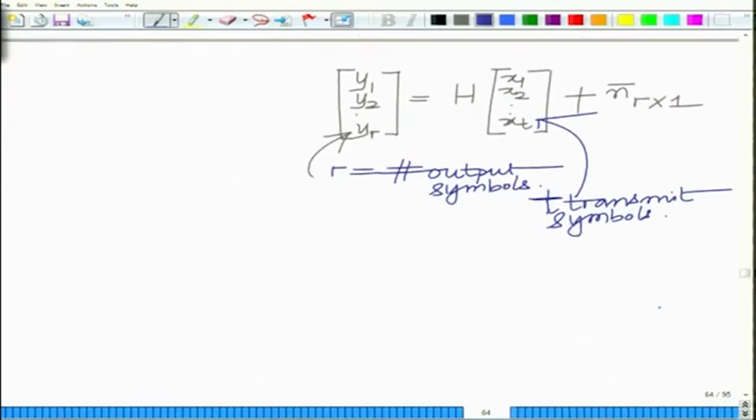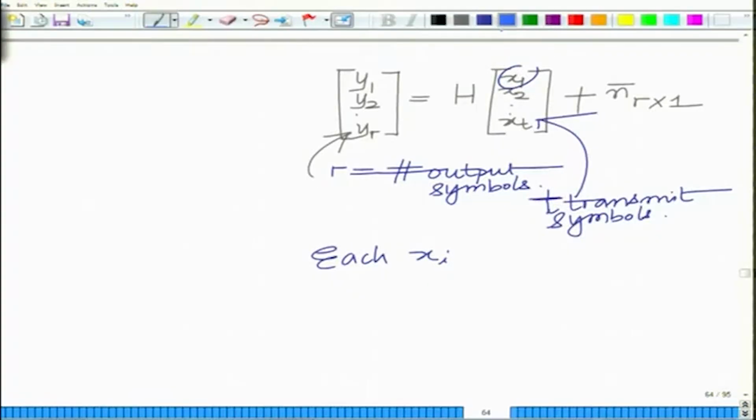Now, the point is, if you look at each xi in a digital communication system, each symbol xi has to be drawn from a constellation, that is, it cannot take any possible value. For instance, if it is BPSK, it has to be plus or minus 1, if it is QPSK, it is plus or minus 1 plus or minus j, that is, you can have only 4 possible symbols: 1 plus j, 1 minus j, minus 1 minus j, minus 1 plus j.